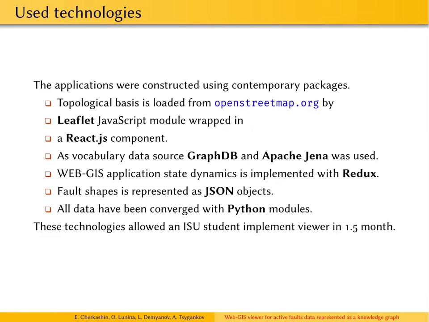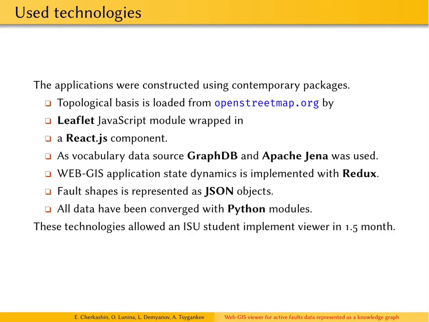To implement this viewer, the following technologies were used. The topological basis is loaded from OpenStreetMap, but it is not restricted only to this server, because the Leaflet JavaScript module also supports other topological basis sources. The application is implemented in React.js component architecture, and the Leaflet library is also wrapped by a component of this framework. The vocabularies are stored in GraphDB and Apache Jena servers. We compared them.